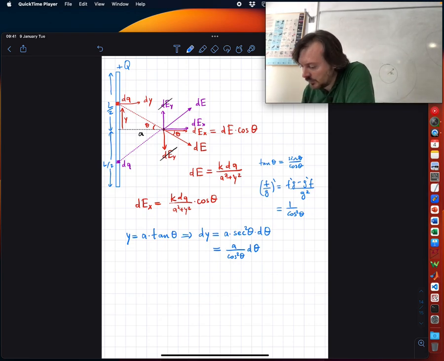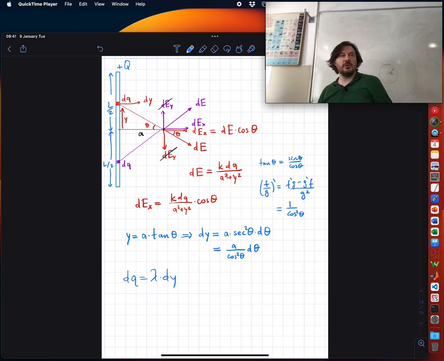So dq is linear charge density times dy. Do you understand this?